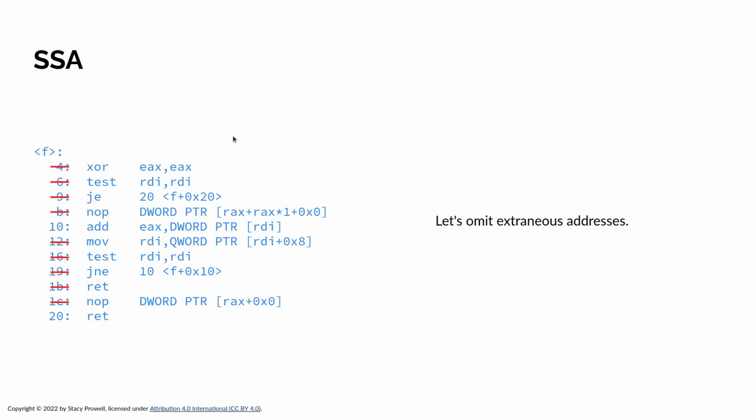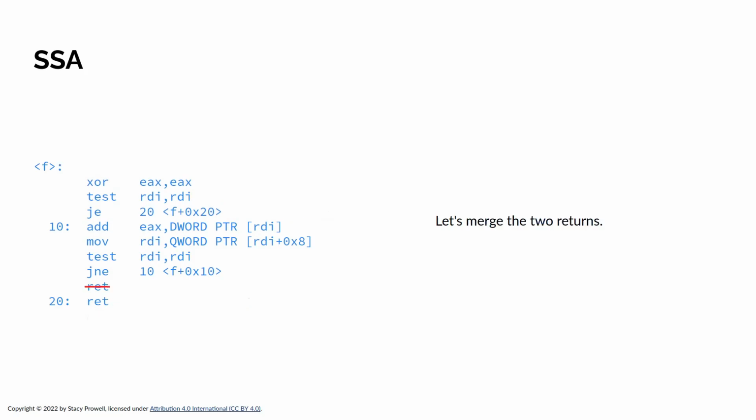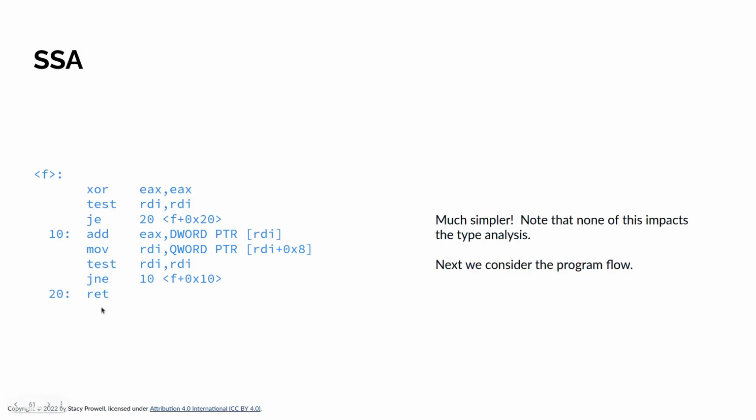So one of the things to do is to get rid of details that don't matter. Some extraneous addresses go away. There we go, much simpler. NOPs go away. The extra return, right now the returns are right together here. Get rid of the extra return. There we go. Nice, much simpler code. None of that's going to impact the type analysis, right?